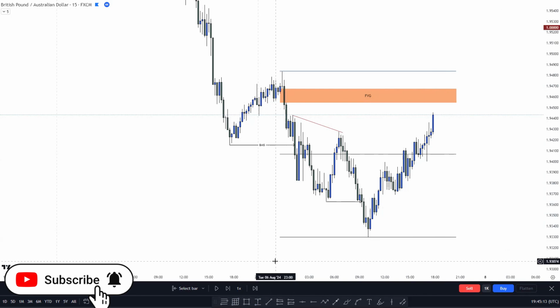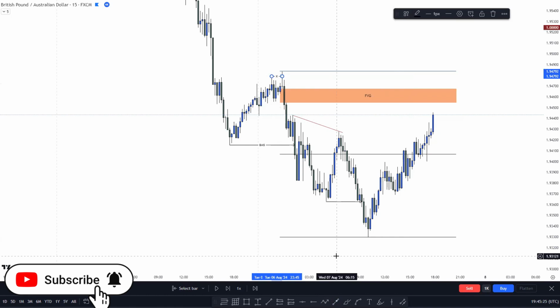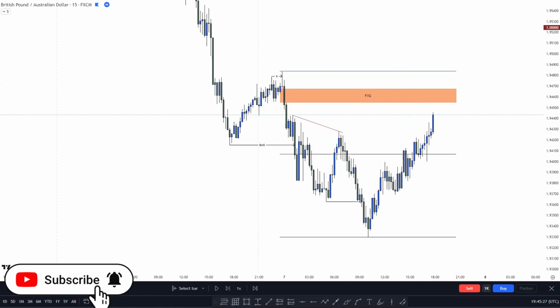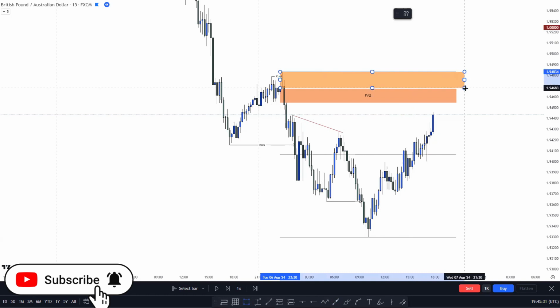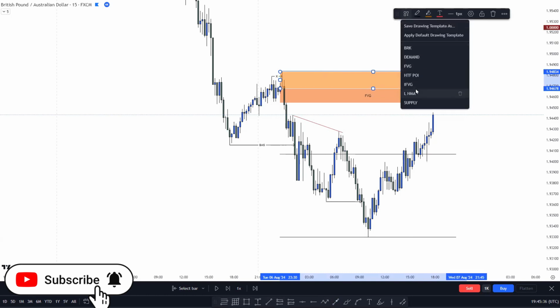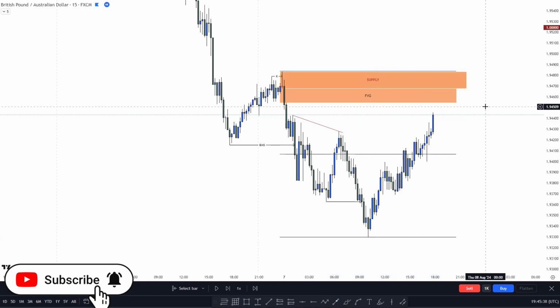Right above here was the candle which swept liquidity above the high before price pushed all the way to the downside. So we mark this candle here as our order block, or our supply level.